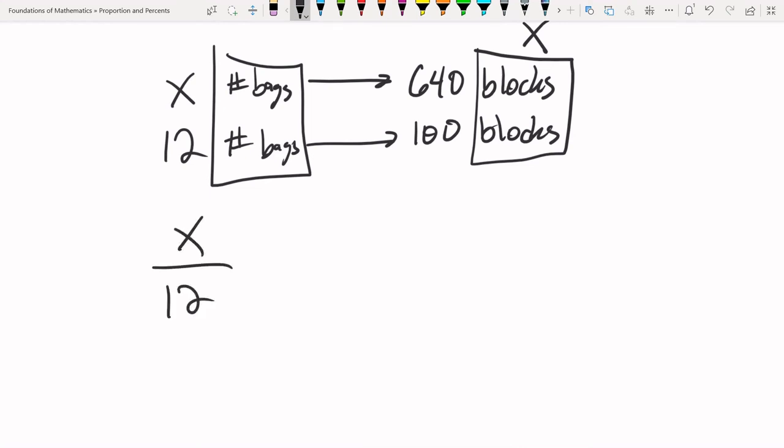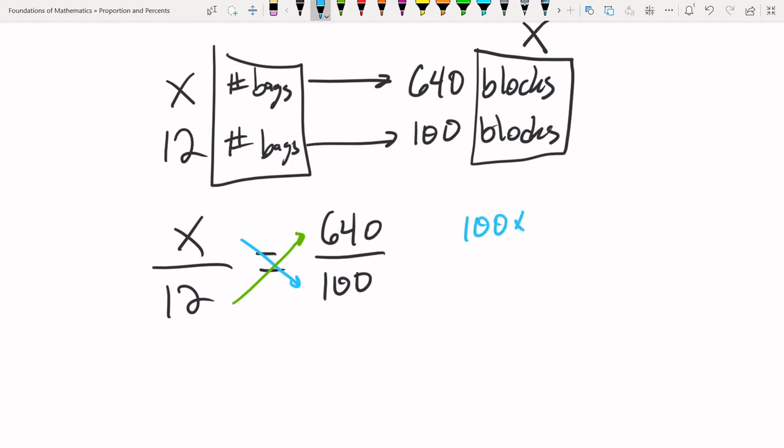X over 12, because the units will cancel, equals 640 over 100. Cross multiply and divide. X times 100 is just going to be 100x. And 12 times 640 gives us 7,680.